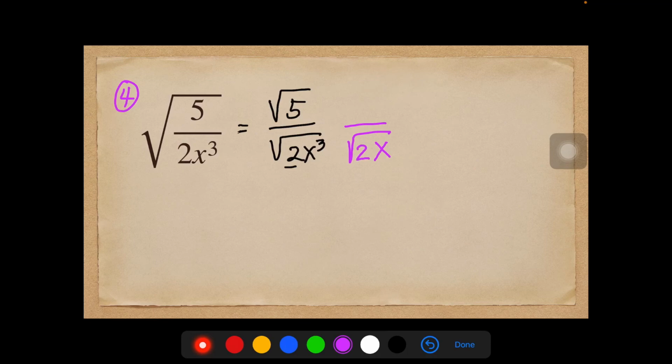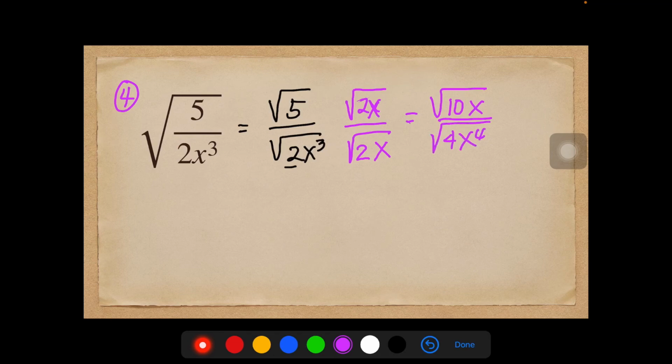So what we have as a number to rationalize the denominator, we can use that as a number to multiply in the numerator so that we will not be changing the value of the expression. So the final answer will be the square root of 10x over 4 square root of 4x to the fourth.